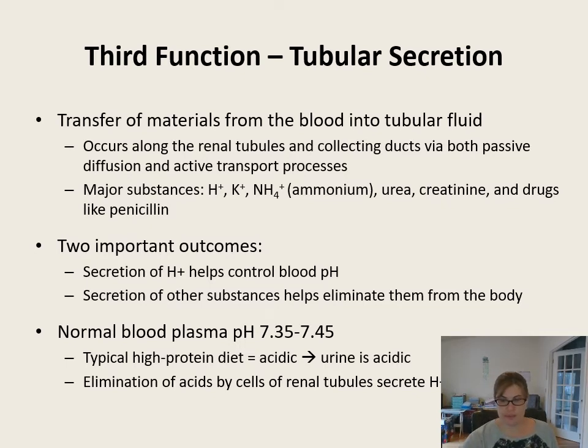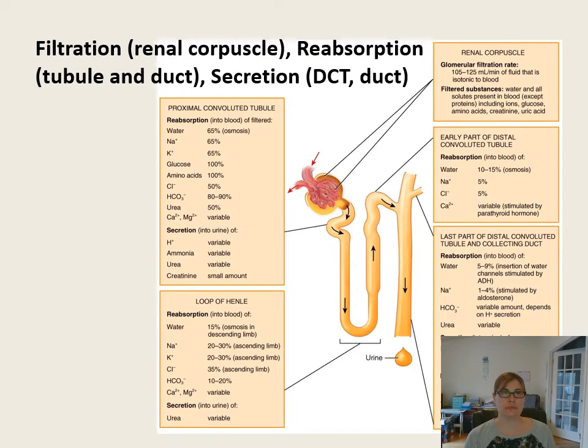So let's look at that. This is a nice overview slide showing us what's going on in each stage. I don't have this exact picture in your lab or your lecture book, but page 993 is pretty awesome.